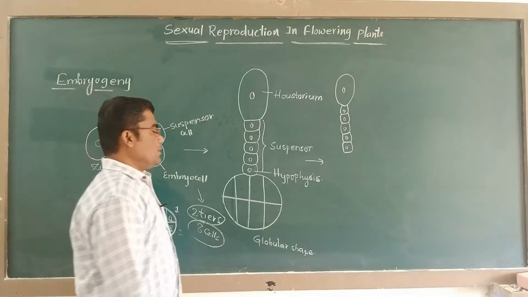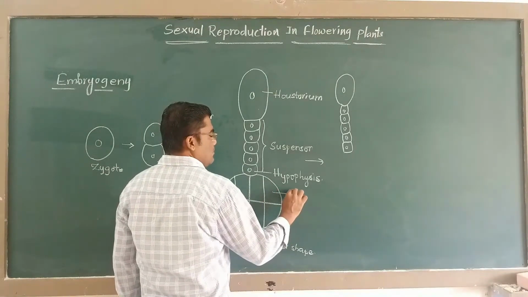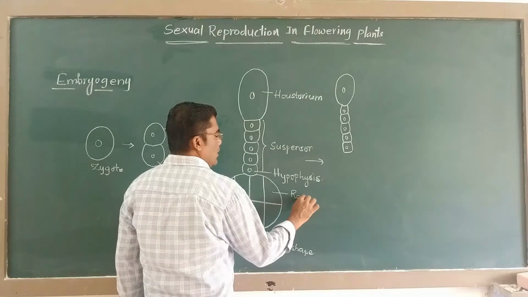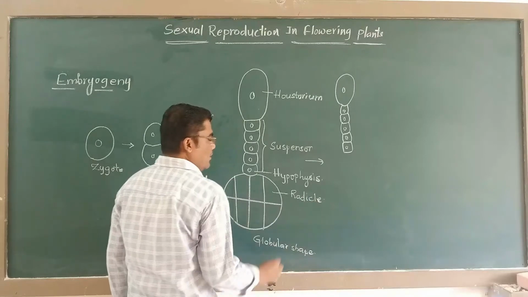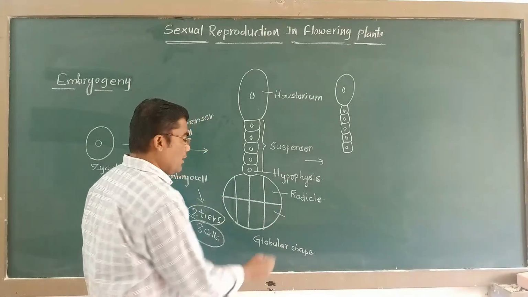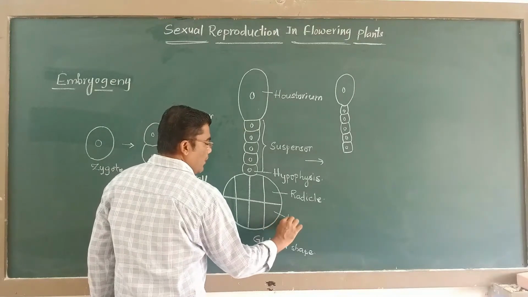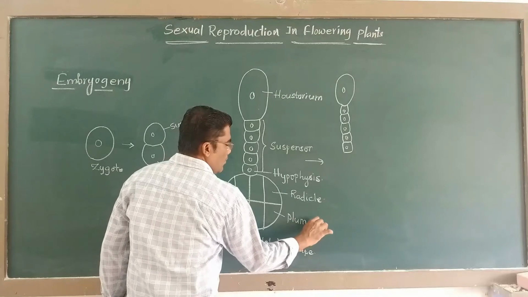For your kind information, this upper layer is responsible for the formation of the radicle, whereas this lower layer or lower tier is helpful for the formation of the plumule.